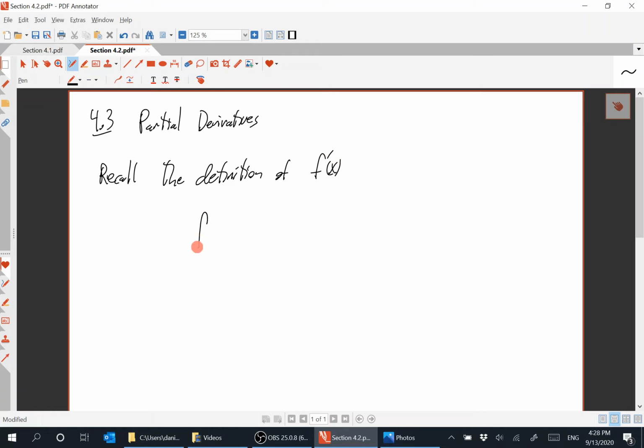Right, that is that f prime of x is equal to the limit as h goes to 0 of f of x plus h minus f of x, over h.